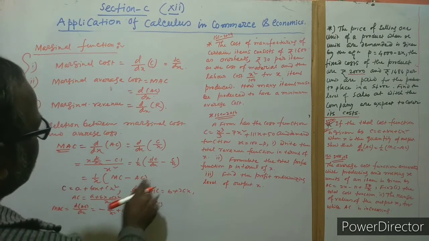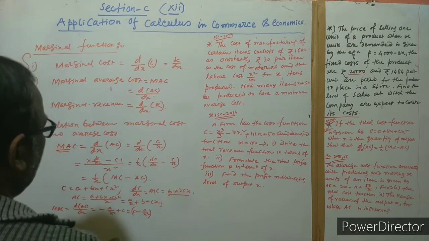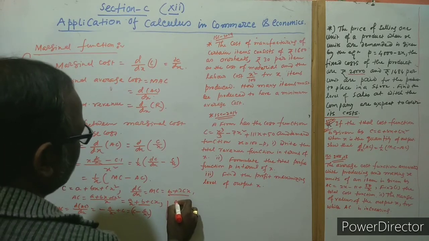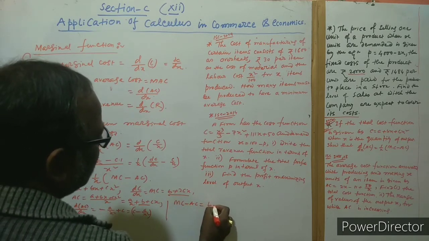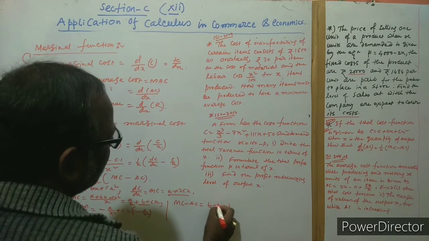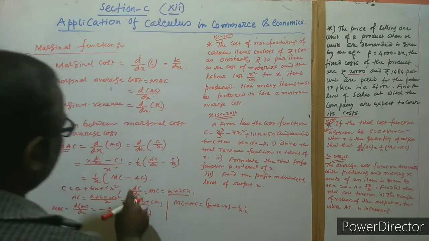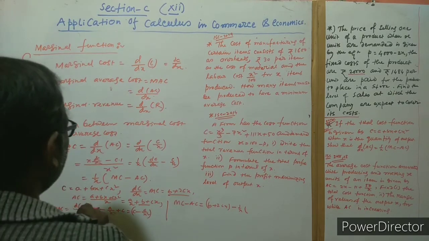Now we have to find this MC, this is here MC, and this is here average cost. Now find here MC minus AC. MC is here b plus 2cx, and minus AC here is the cost function, this is the average cost we have to find.